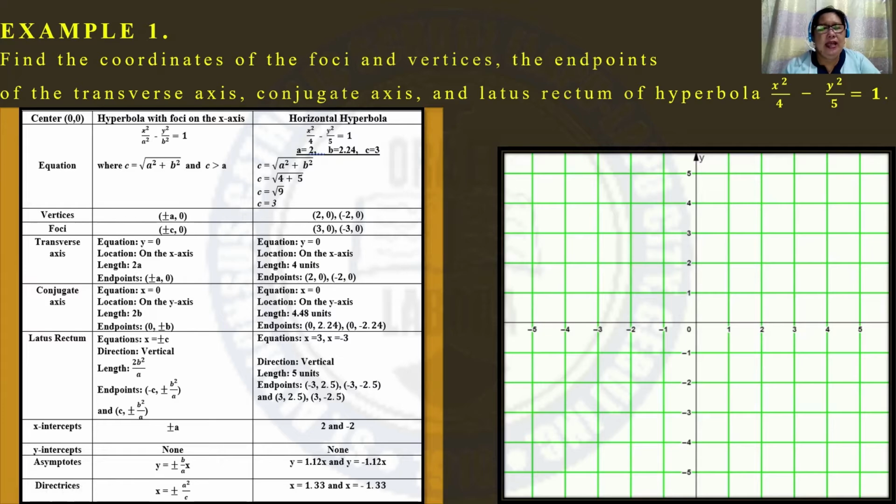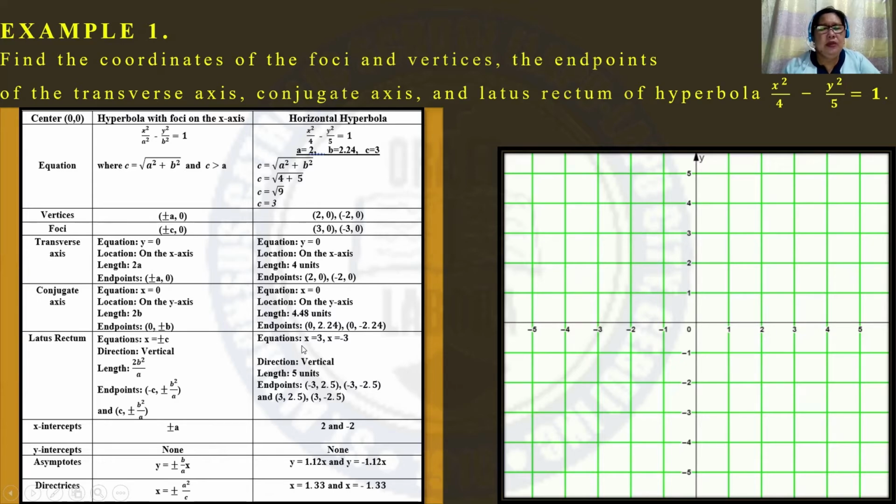For the conjugate axis, the equation is x is equal to 0. And the location is on the y-axis. The length is 4.48 units because that is 2 times 2.24. And the coordinates of the endpoints are 0, 2.24 and 0, negative 2.24.